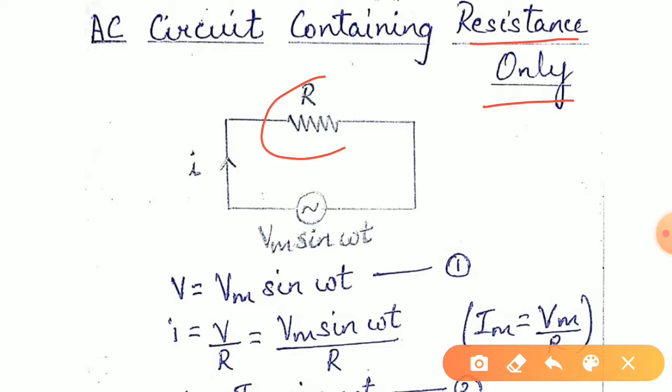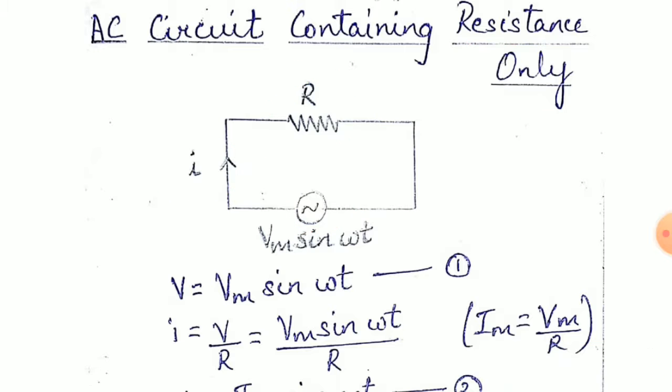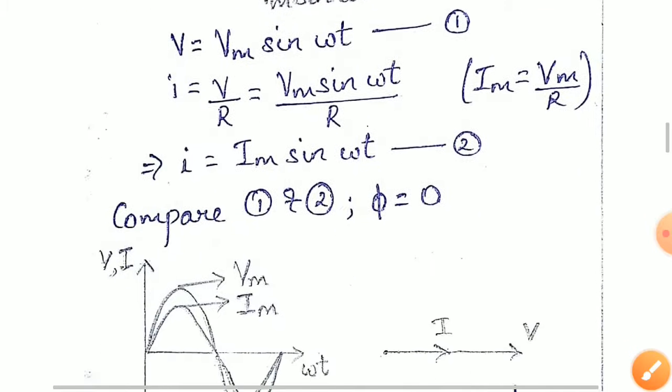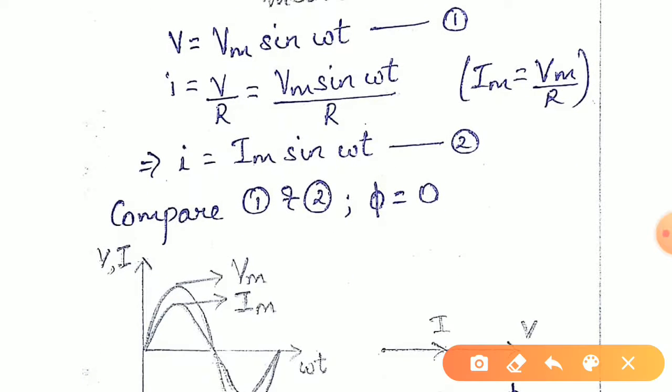Here, a resistor is connected across a voltage source and a current I is flowing in the circuit. When an alternating voltage V is equal to Vm sin omega t is applied in the circuit, then the corresponding current I is equal to V by R according to Ohm's law.